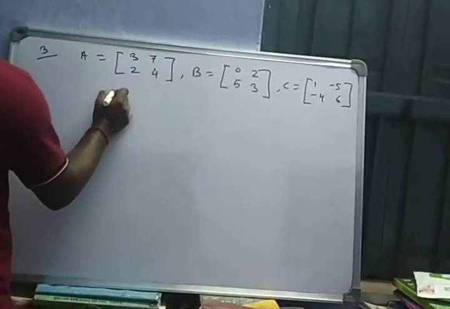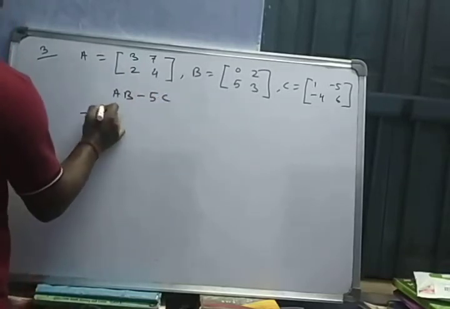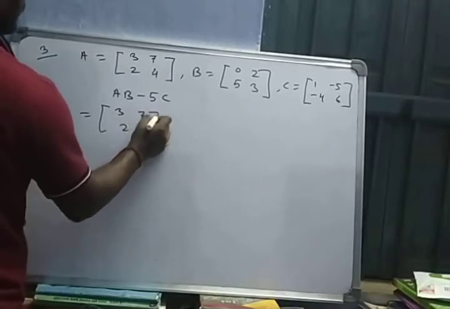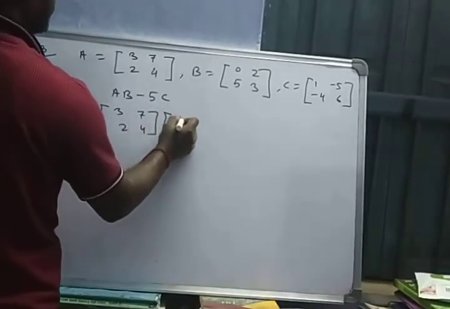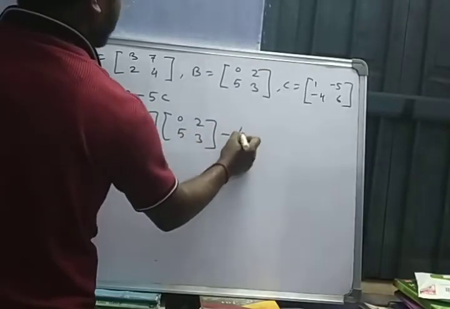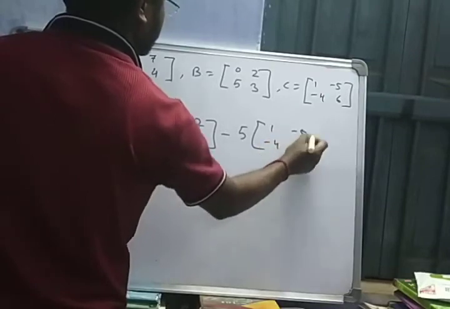Now we have to find AB minus 5C. That is AB, meaning 3, 7, 2, 4 and B meaning 0, 2, 5, 3, minus 5C, which is 1, minus 5, minus 4, 6.